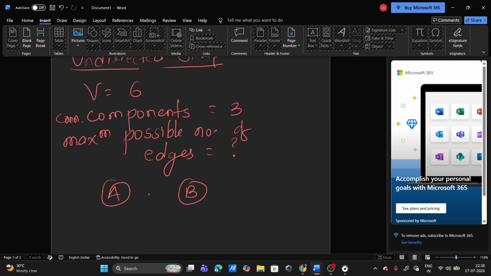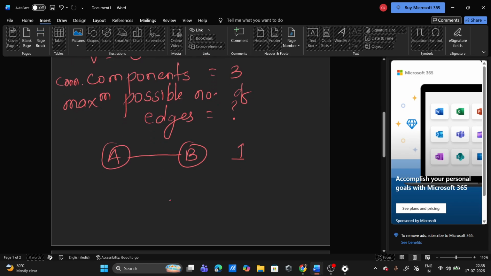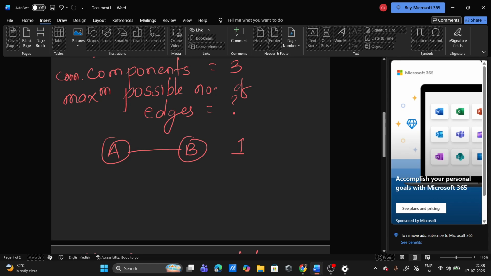What is the maximum number of edges that you can have between these two vertices? One, right? One only. Let's say we have three vertices. Now, what is the maximum number of edges that we can have? We can draw here three.